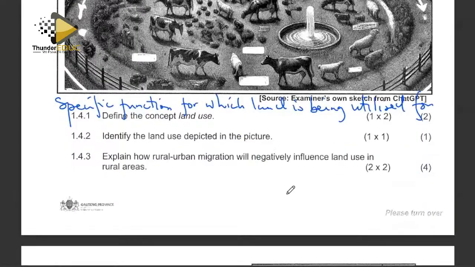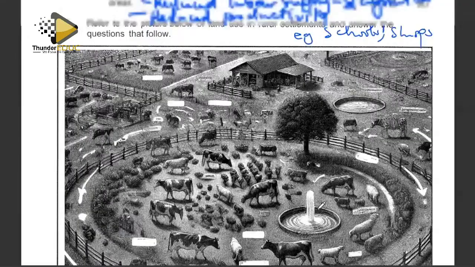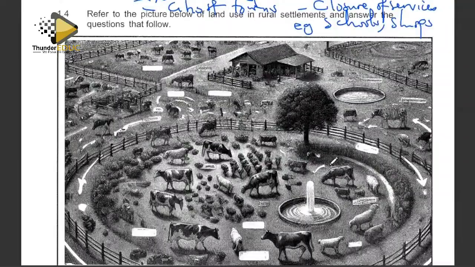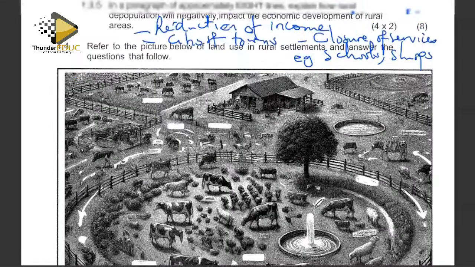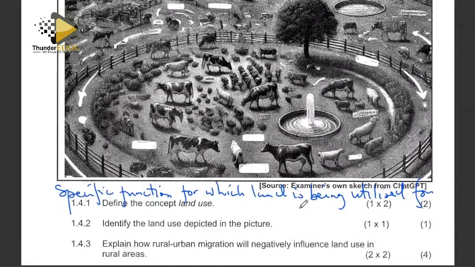Identify the land use depicted in the picture. What kind of land use is being depicted here? We are seeing that it is animal farming predominantly, because you can see the number of animals around here. So predominantly this is a farming area, but we can say the main land use there is animal husbandry, the rearing of animals.